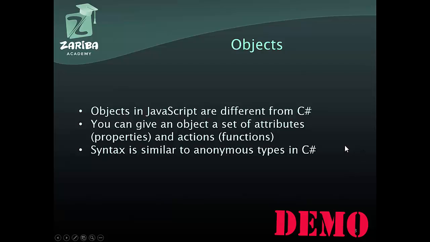I'm not sure if we can give methods there, but I guess you could, though I've never seen it, and there was never the need for it either. The syntax is similar to anonymous types in C#.